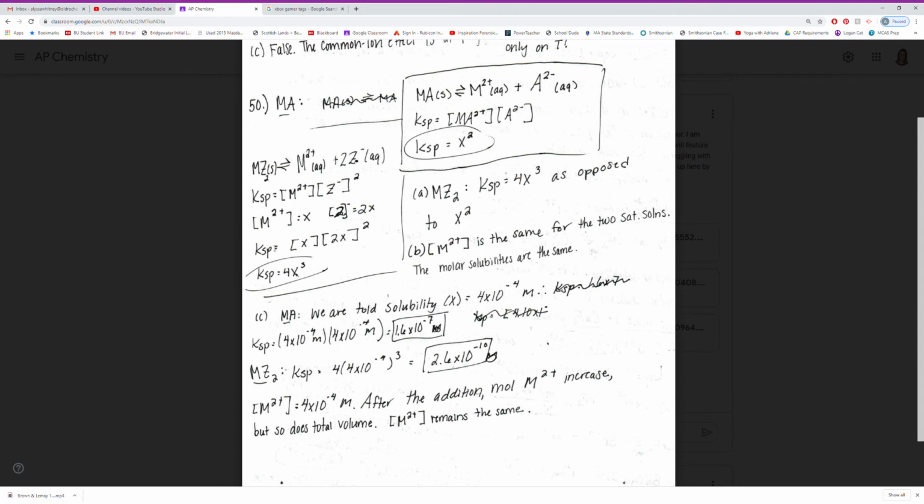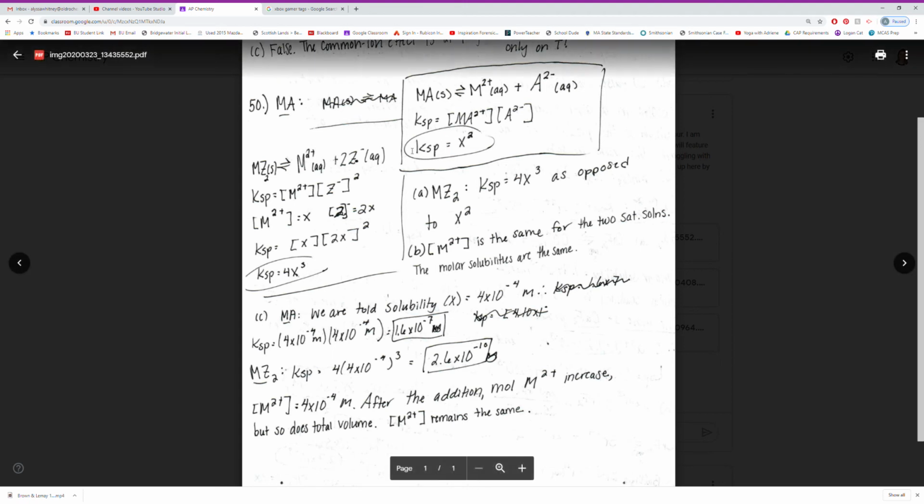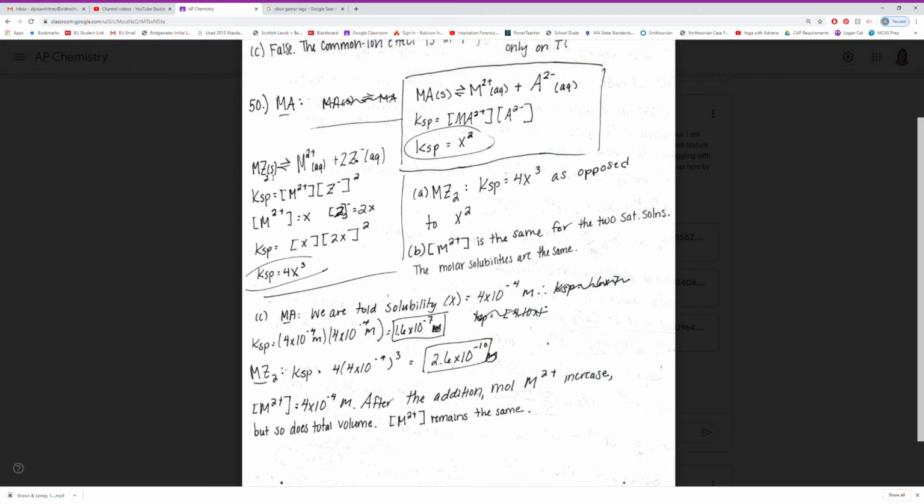When I plug and chug into the Ksp expression, I get x times 2x squared, so we distribute the 2, and this becomes 4x squared times x, 4x cubed. 4x cubed is larger than x squared, and so the Ksp value of MZ2 is larger.